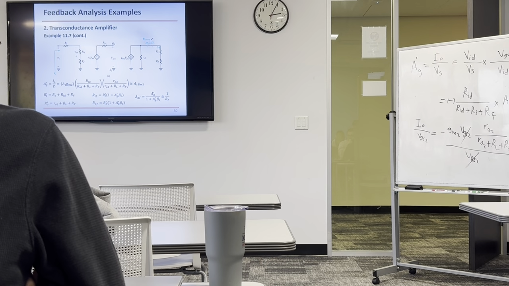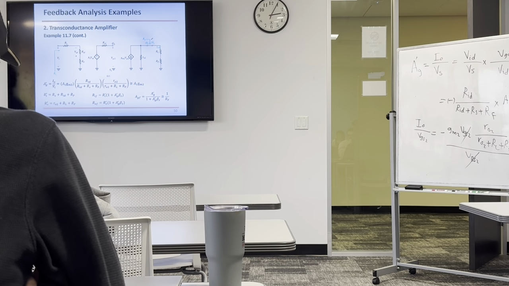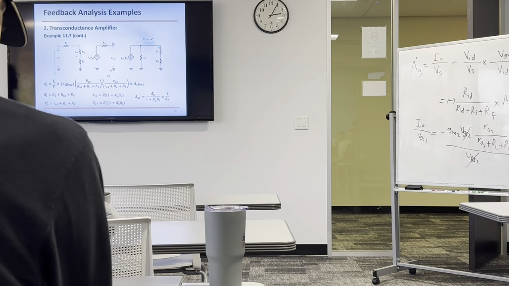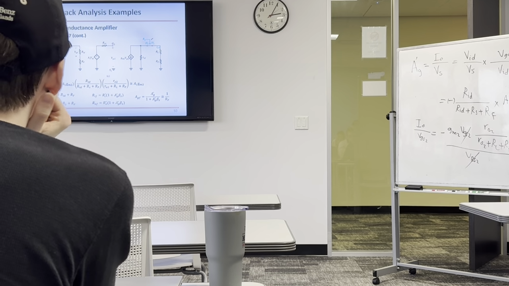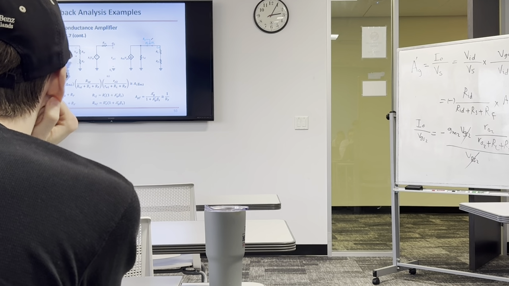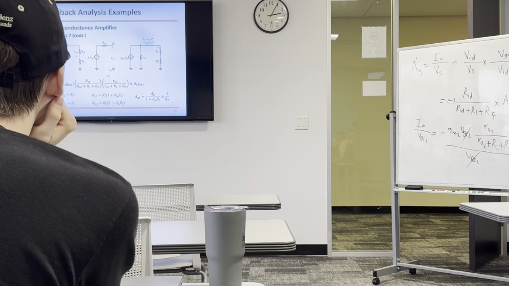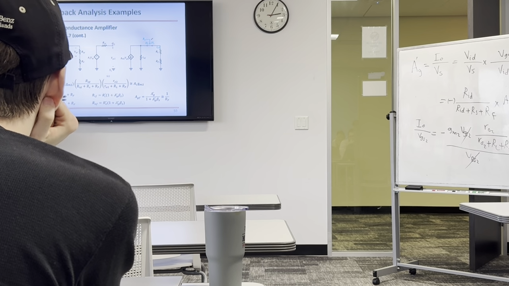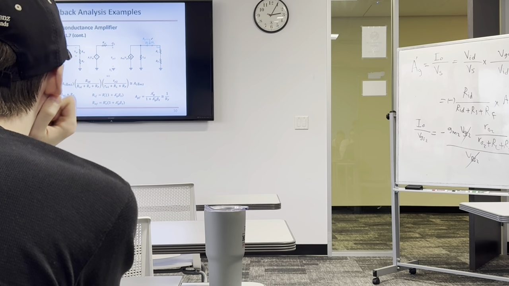Okay. Now how about Rn? If you look at the circuit from this side, what do you see? The 3 in series. So Rs plus R input differential plus R. Okay. How about if you look from here?